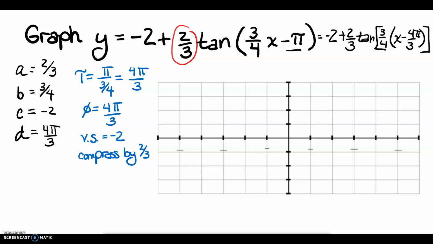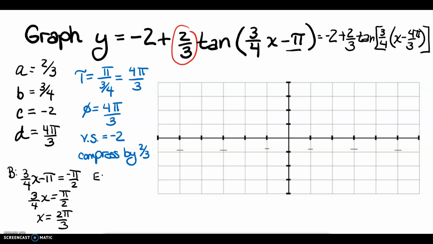So let's go ahead and find the beginning and the end of this. I'm going to set what's in parentheses for the beginning: 3/4 x minus pi equals -pi over 2. So when I add a pi to both sides, I get pi over 2, and then when I multiply by 4/3, I get 2 pi over 3.